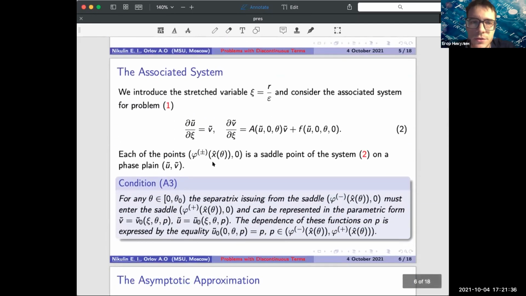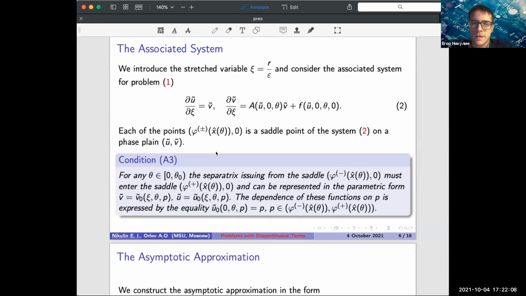We introduce the stretched variable psi equal to r over epsilon and consider the associated system for problem 1. Each of the points phi plus, minus, and 0 is a saddle point of the system 2 on the phase plane u wave, v wave.